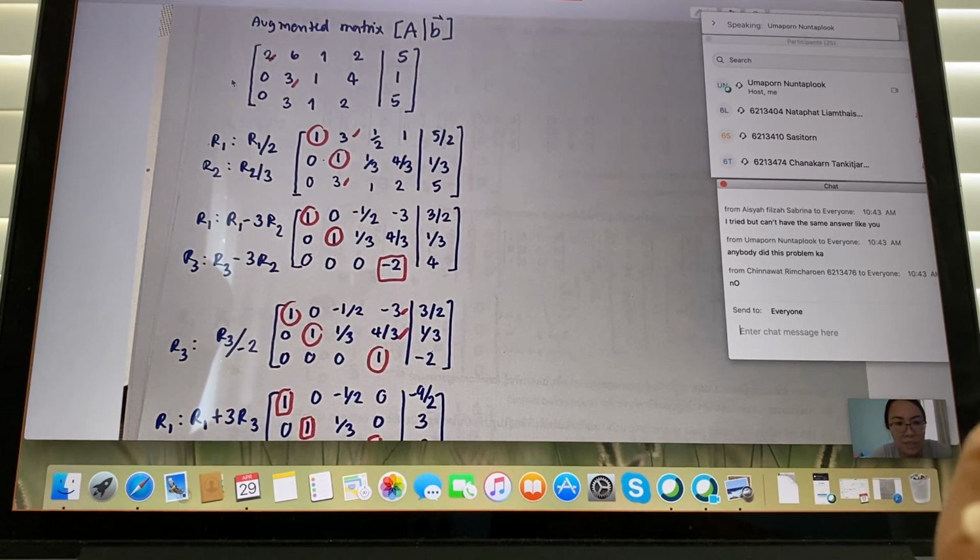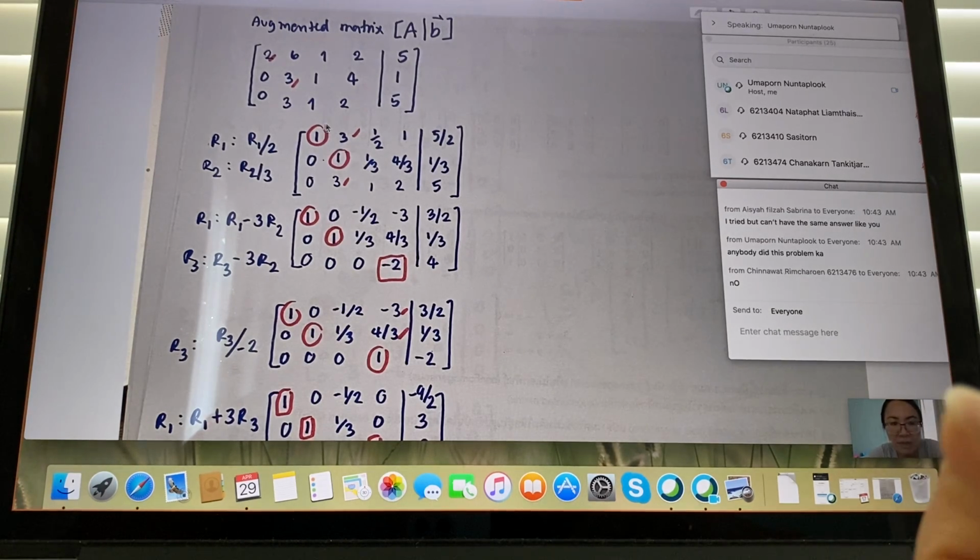The first number that you found is supposed to be 1. But it's 3. How are we going to make it become 1? Because here 0 already, I just divide the second row by 3. So I get 1, 1/3, 4/3, and 1/3 like this. And I keep the last row the same.